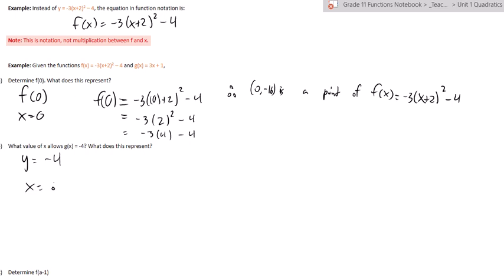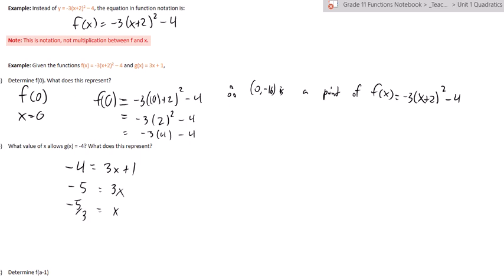What does x equal? That's what it's asking here. And we can solve for x this way. So g of x is negative 4. g of x is itself equal to 3x plus 1. And then we just solve for x. So that gives us negative 5 equals 3x, and x is equal to negative 5 over 3.